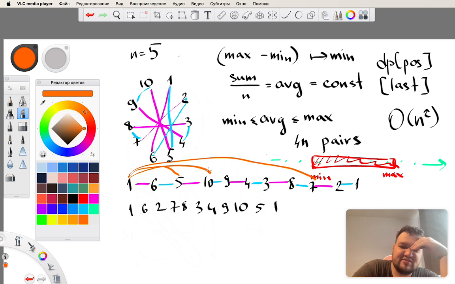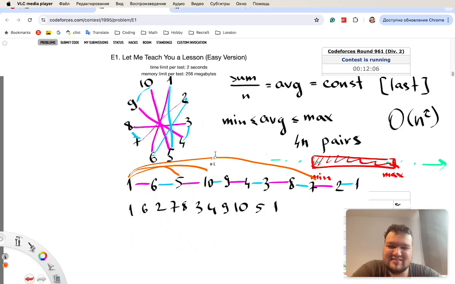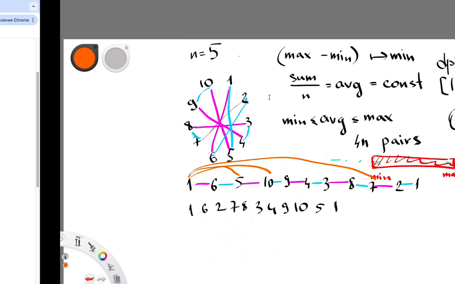The question is, is it true that I just need connectivity? If it is just connectivity, then I will be good, I think. It won't be super easy to implement. Certainly not in 12 minutes.